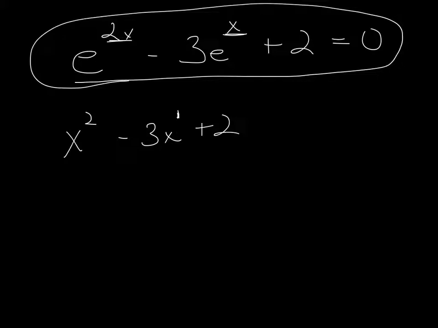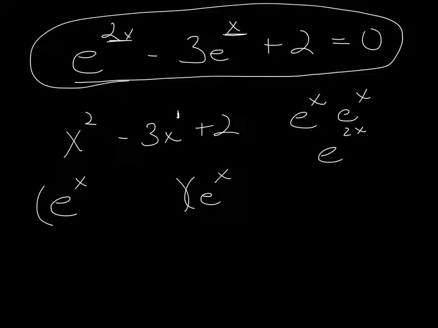We just factor it. What's e to the x times e to the x? If I have e to the x times e to the x, what is that? E to the 2x. We add exponents. You can do it on the calculator.